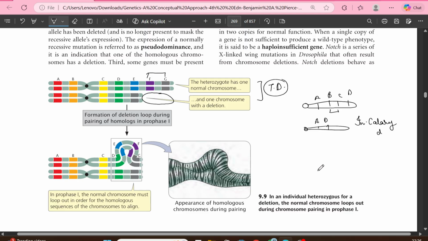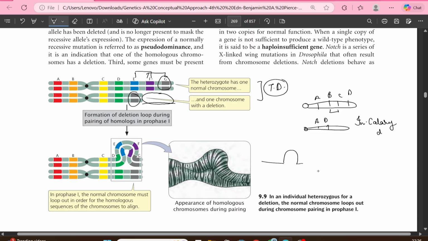Now again, as we were talking about the duplication, during prophase 1 there has to be this phenomenon that if the F and G genes are not present, then we have to make a loop out of it, so that it can easily pair with this part. Now see, in the deleted part the F and G genes are not present. Okay, wait, G is present but E and F are not present, so E and F have to be looped out.